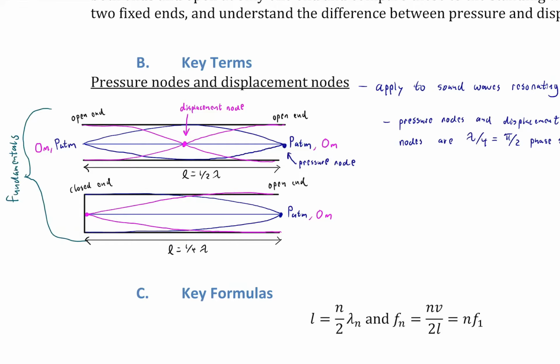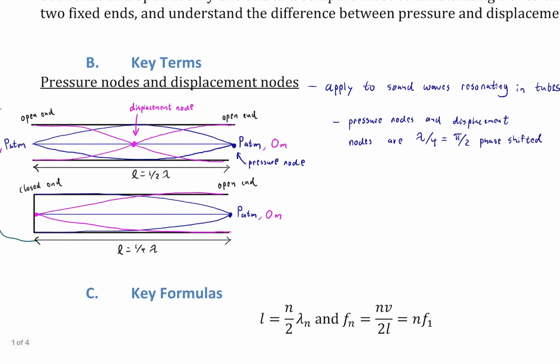To say that in other words, any point where the pressure is fixed is a point where the molecules are free to move. Any point where the molecules are not free to move and fixed in place, the pressure is free to vary. Okay? So that's the idea.